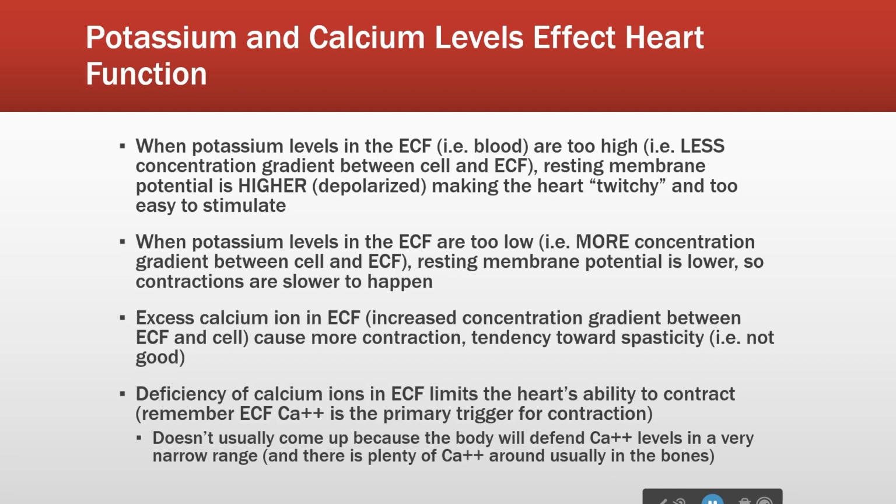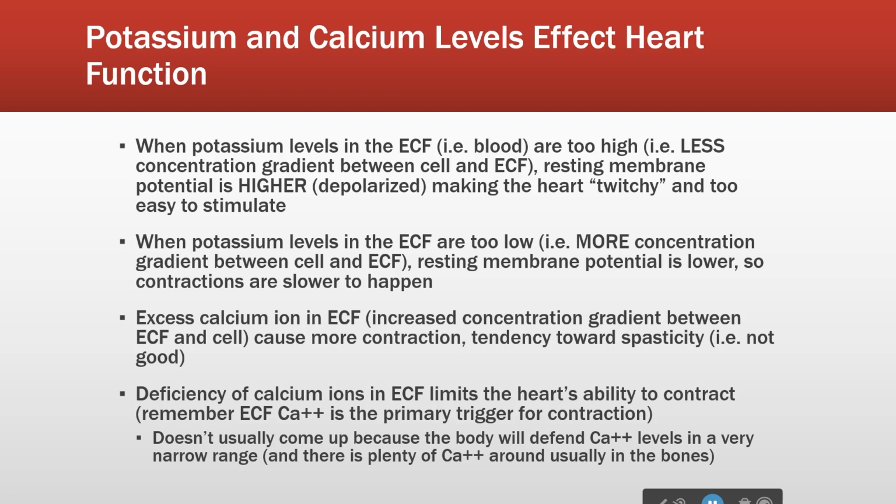Here's an example. When potassium levels in the extracellular fluid are too high, if you do the layout, that's going to mean less of a concentration gradient, right? Because we have high and higher than normal, so it's less of a gradient. Less of a gradient means that the membrane potential is higher, it's depolarized.